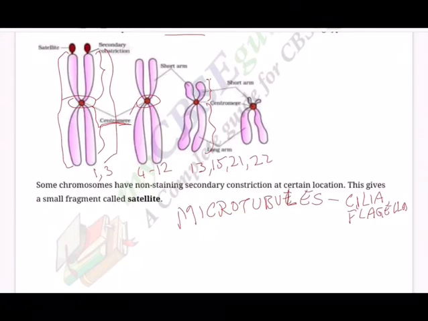Then microfilaments are mainly composed of the globular protein actin. So you have another cytoskeletal structure that is called microfilaments. These microfilaments are mainly composed of the protein actin, but have the filamentous protein myosin also.